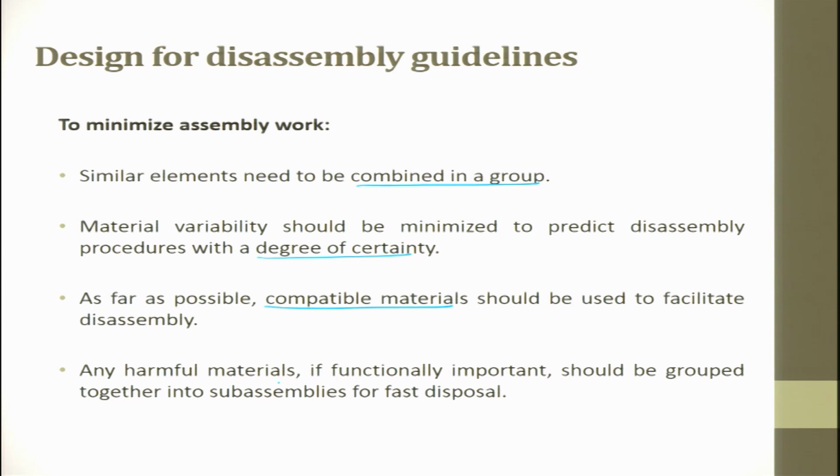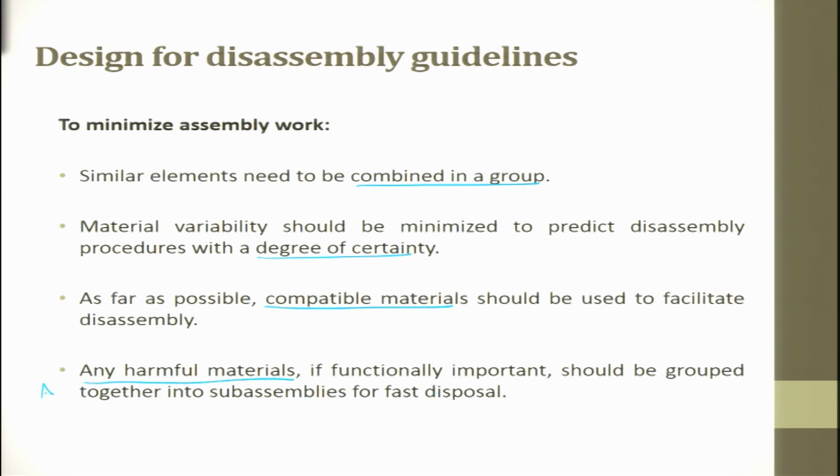Any harmful material, if functionally important, should be grouped together into subassemblies for fast disposal. Any harmful material, it can be polymer, it can be radioactive material, if functionally important, should be grouped together into subassemblies for fast disposal.